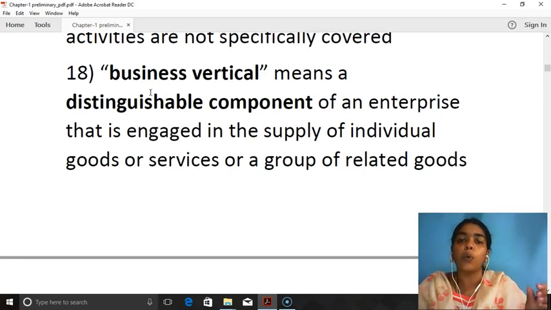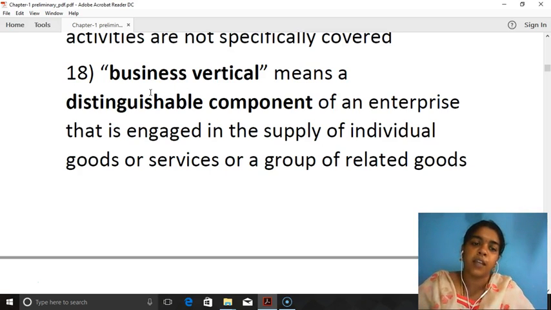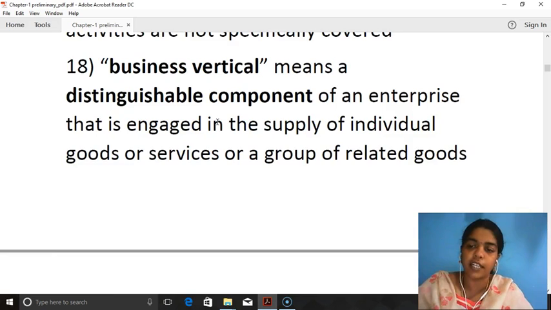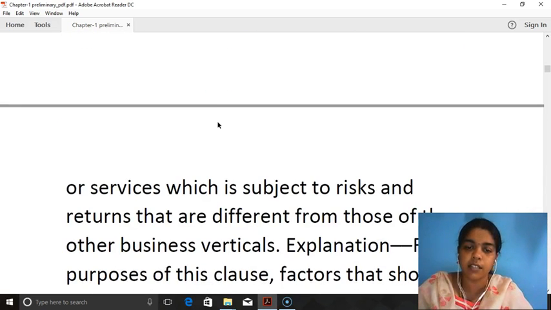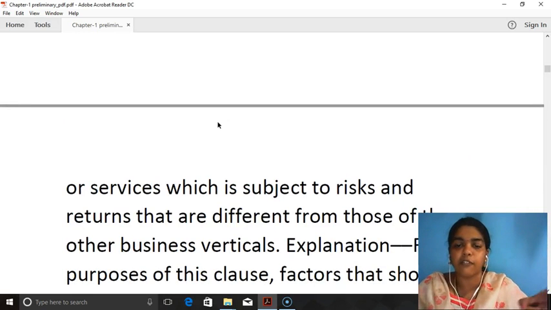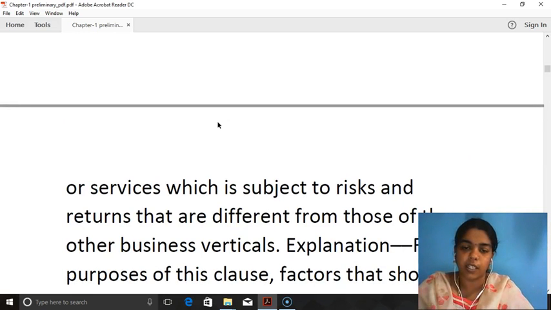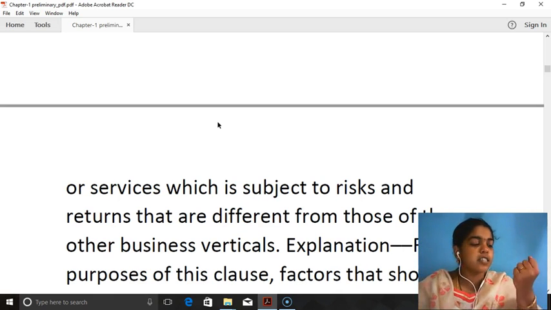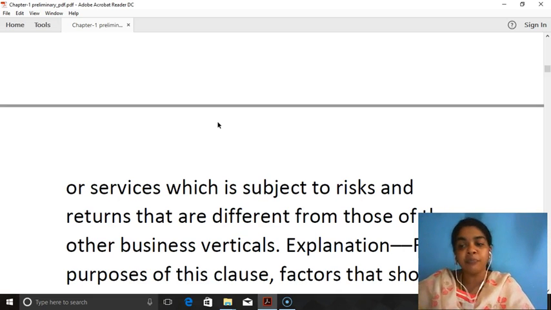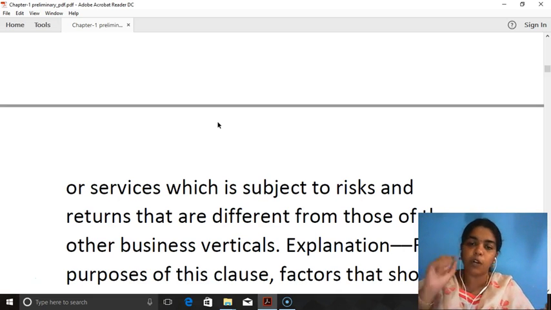It has its own unique features and it is engaged in the supply of individual goods or services or a group of related goods or services which is subject to risk and returns that are different from those of the other business vertical. Suppose you have two business verticals. The risk and reward of one business vertical is different from the risk and reward of the other business vertical. That is what is being told there.